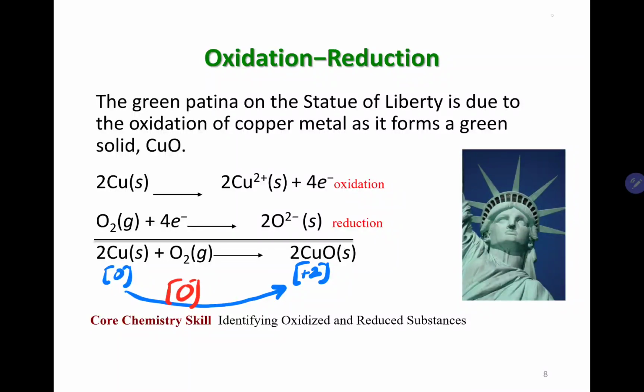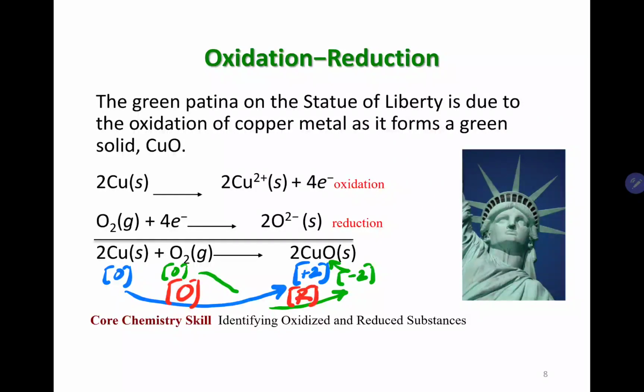For oxygen, the oxidation number is 0 for molecular oxygen, and in copper oxide the oxidation number is -2. So when it comes to oxygen, the oxidation number has decreased. Therefore the oxygen molecule turning into oxide ions can be considered a reduction.